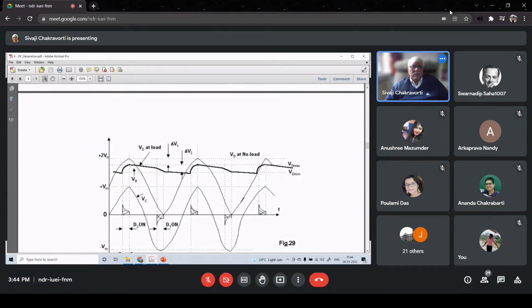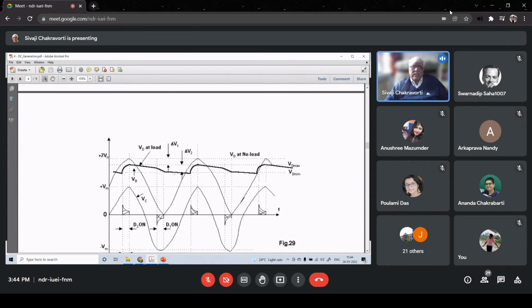So from theta is equal to 90 degree on this curve, in the larger sinusoid, up to a certain point of theta is equal to, let's say, some 80 degrees on the negative half cycle, you get one slope. Then from theta is equal to, let's say, 80 degree to 90 degree, you get a higher slope.